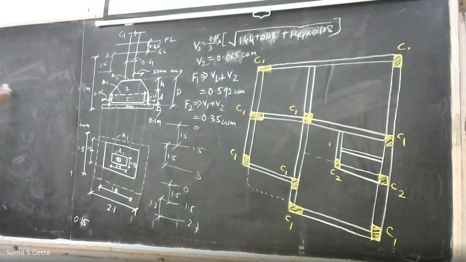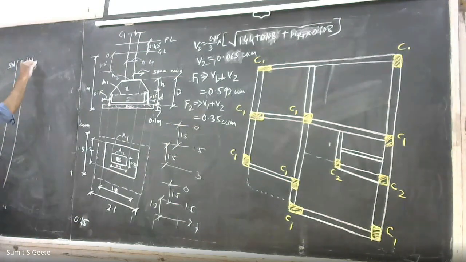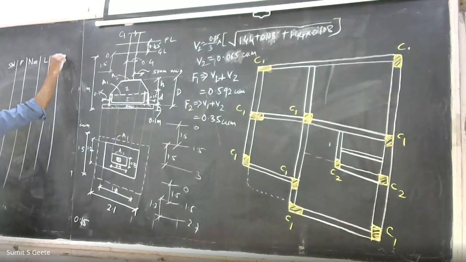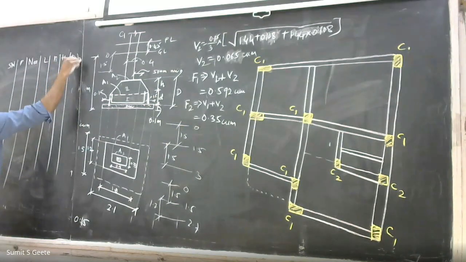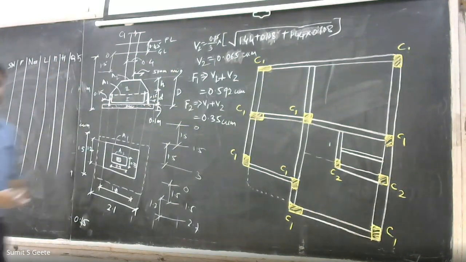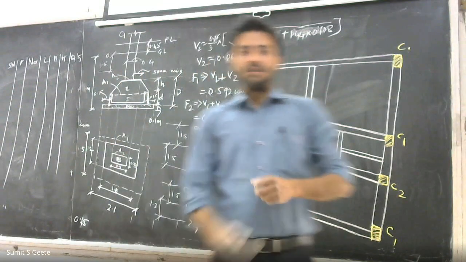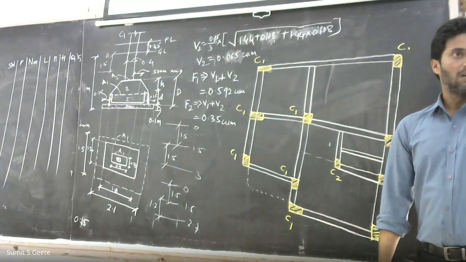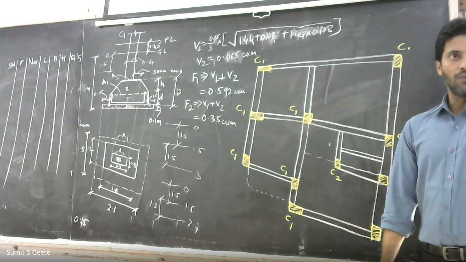So again, serial number, particular number, L, B, H, quantity. Clear? Now what I want? I want the quantity of column up to plinth.